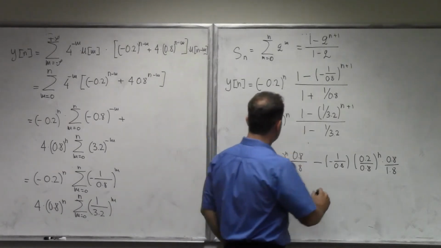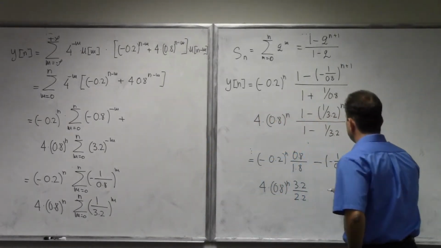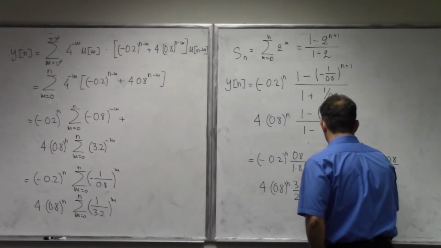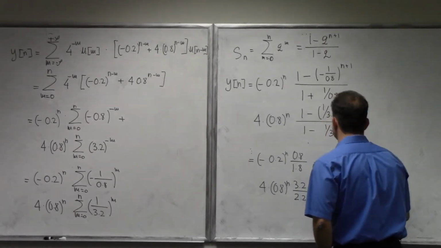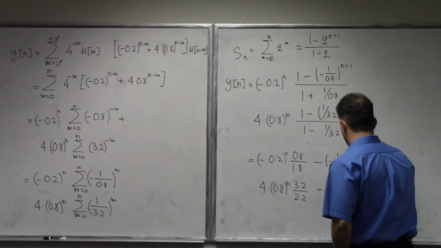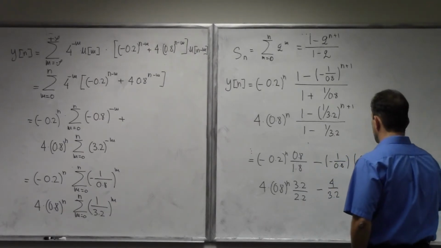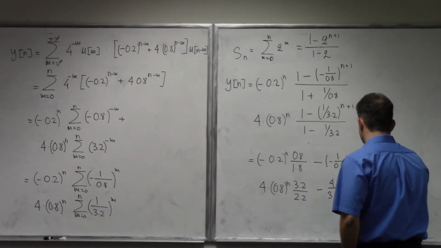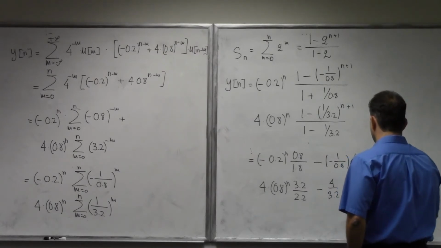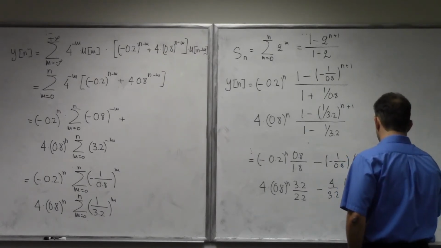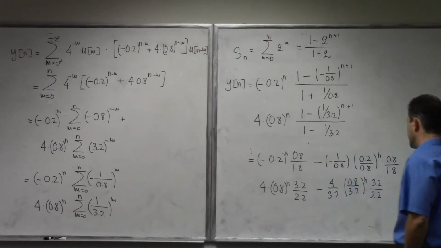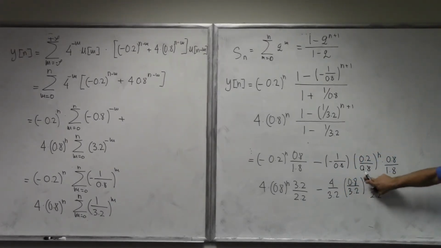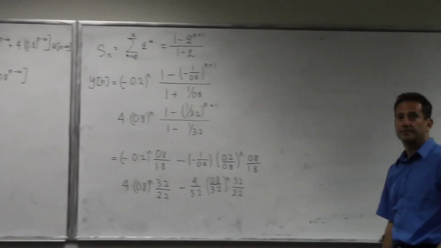And then the last one here becomes minus 1 over 3.2, 4 over 3, and then 4 here. And then I have 0.8 over 3.2 to the n, and then I have 3.2 over 2.2. Right? That's the fourth term.